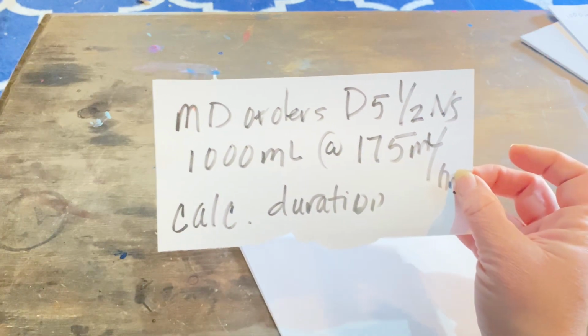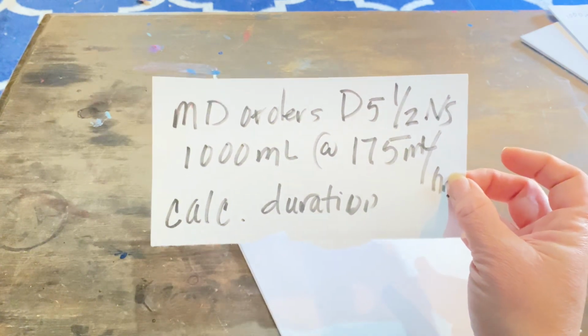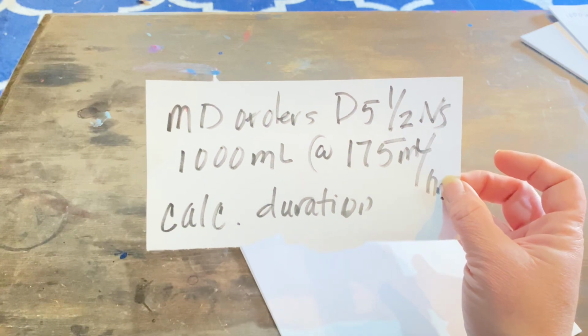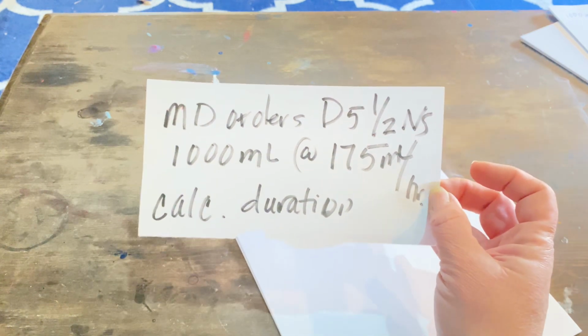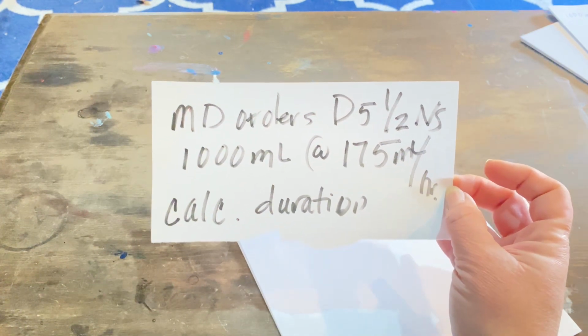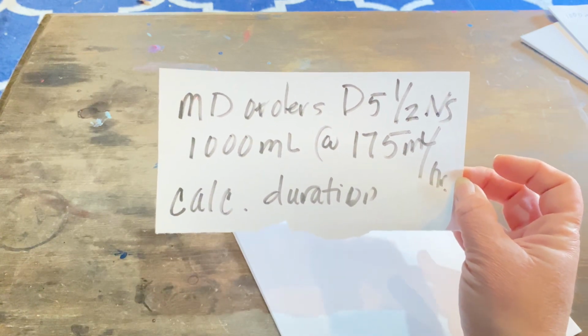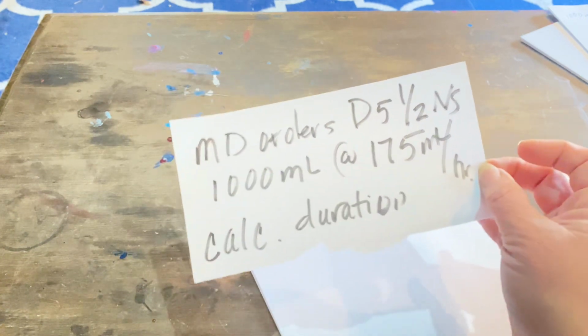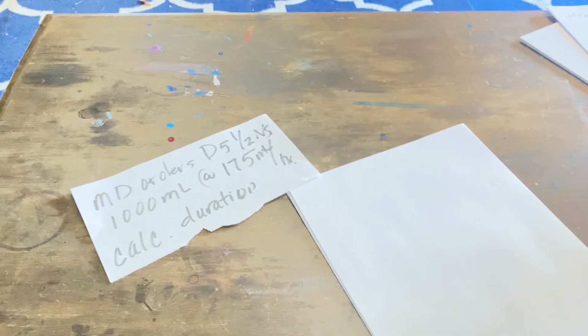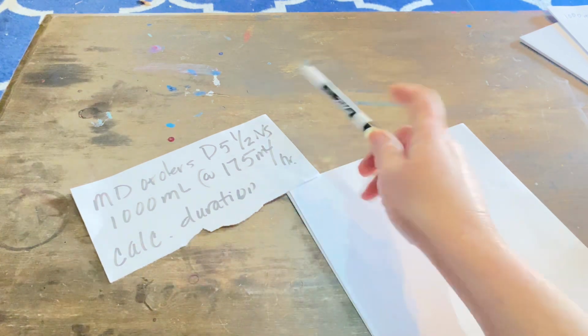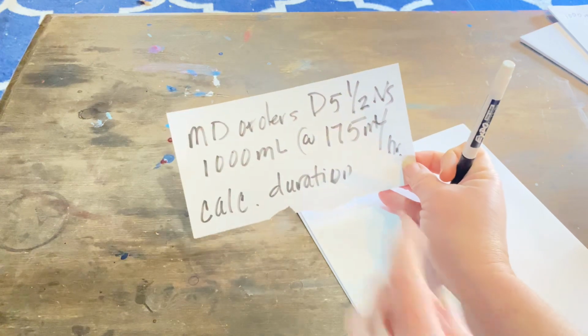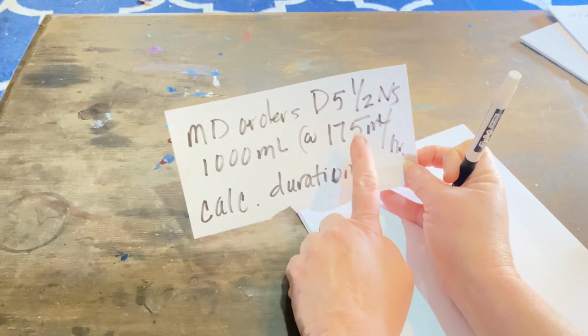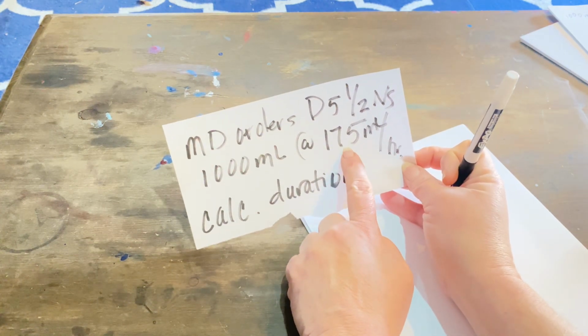So the doctor orders D5.5 normal saline, 1,000 milliliters, going at 175 milliliters an hour, and they want you to calculate the duration. So if we know it's going at 175, we can divide 1,000 by 175 to see how many sets of 175 are in it.